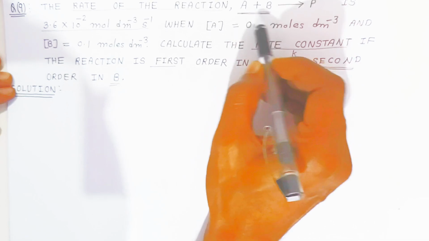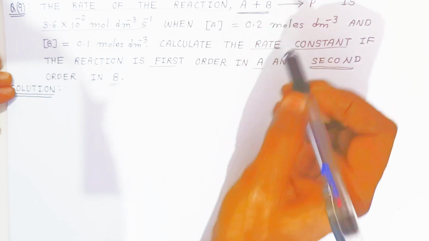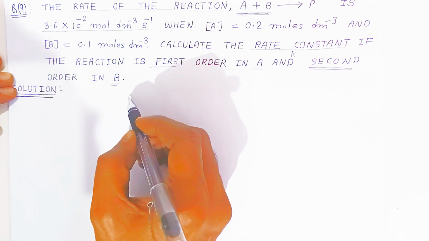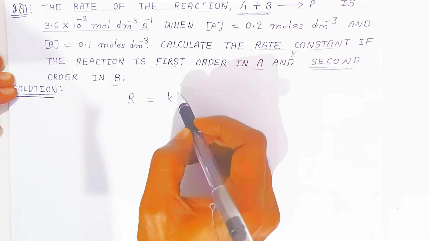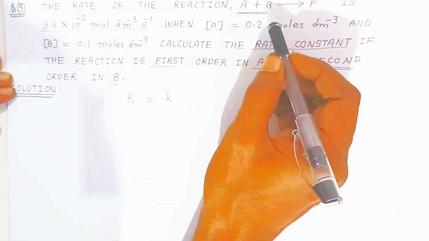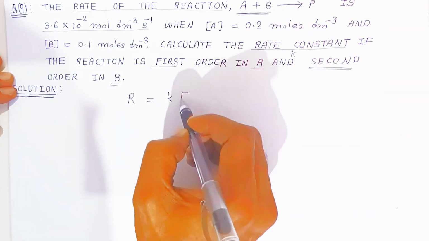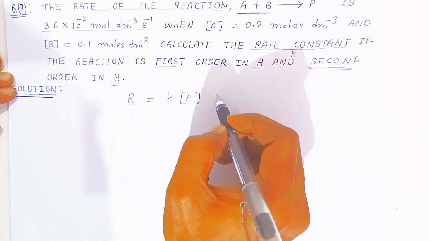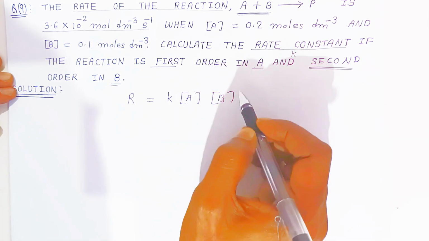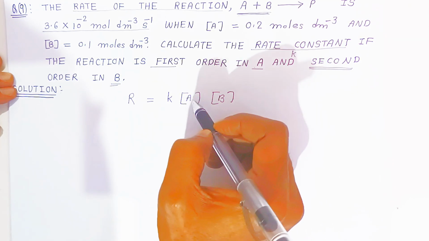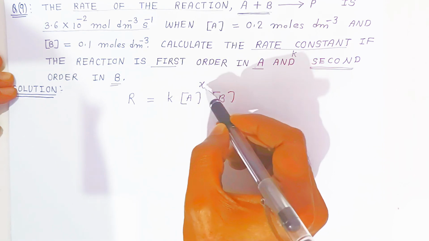So here, you have two reactants, A and B. When you apply the rate law to these reactants, the rate, capital R, equals the product of the rate constant and the concentration of A and the concentration of B. Here, the power of the concentration of A we take in general as X, and this is an experimentally determined value.